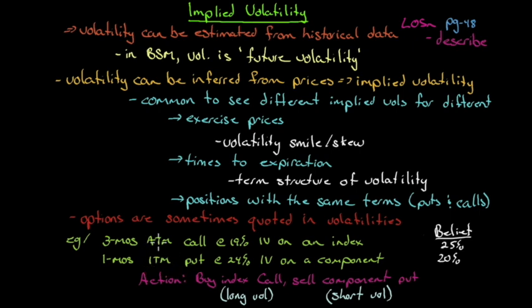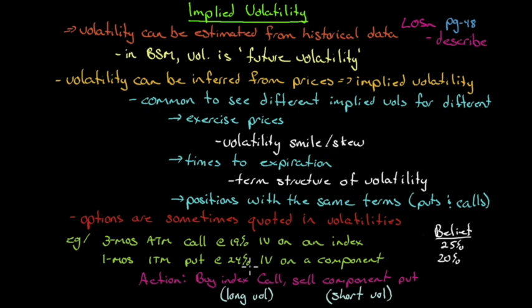How would you know whether either is overvalued or undervalued with respect to each other? One is a 3-month, one is a 1-month. One's at the money, one's in the money. One's a call, one's a put. Hard to compare them. But if we compare them on implied volatility, the call is pricing in 19% and the put is pricing in 24% implied volatility.